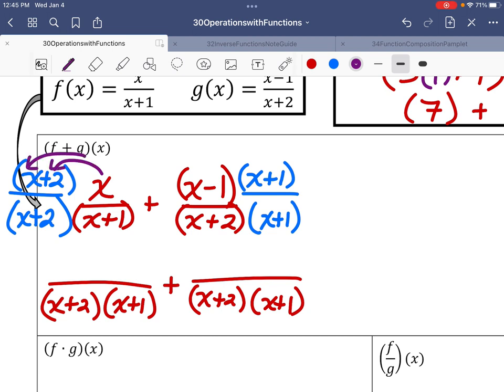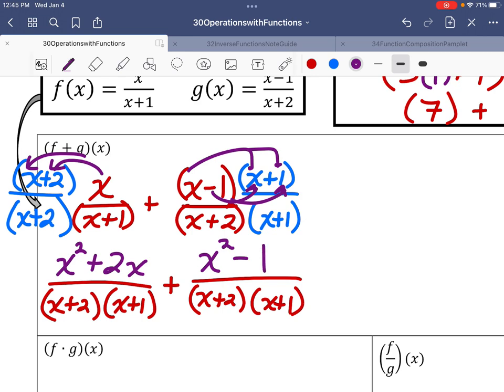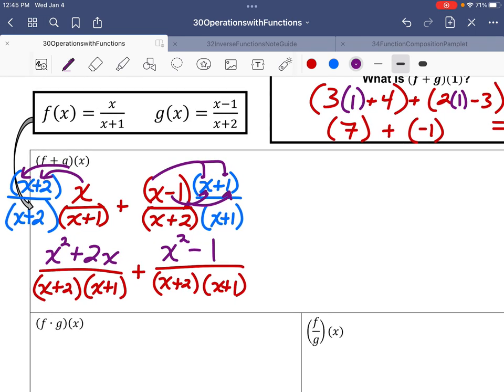In other words, I need to simplify them. And so I do a little distributive property. You get x squared plus 2x. I do a little bit more distributive property. Maybe the FOIL method, if you like to call it that. I get my x squared, and then I get some x's to cancel, and then I get a minus 1.